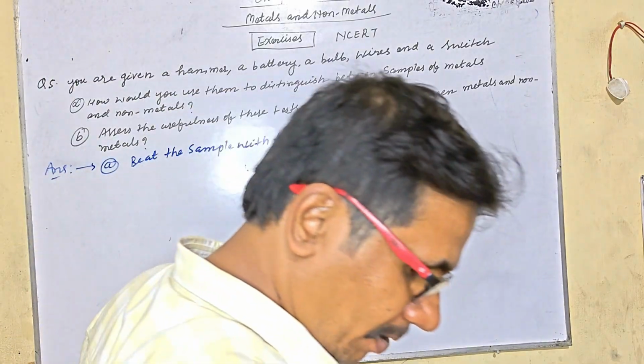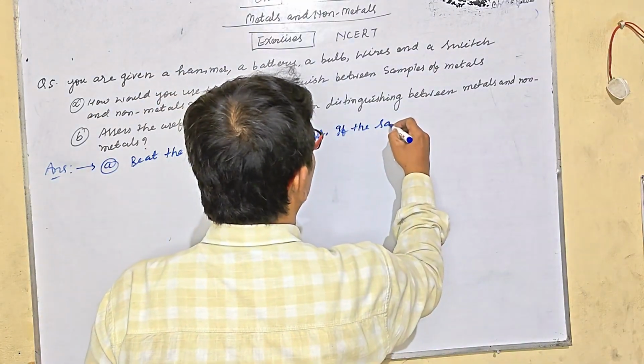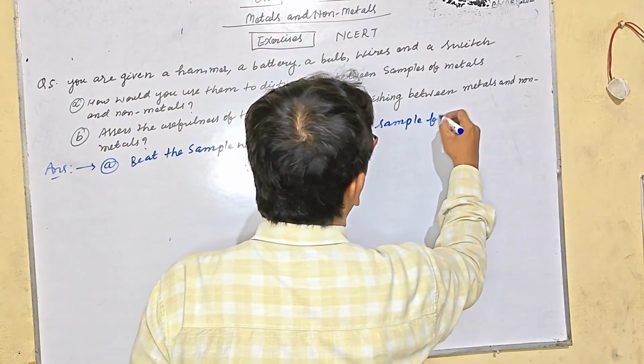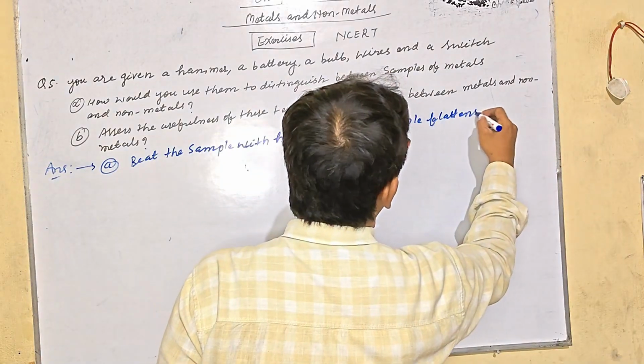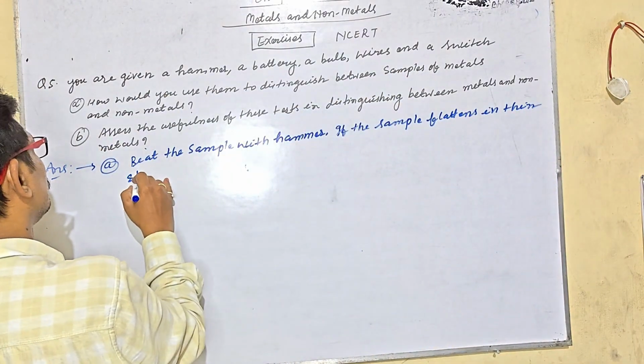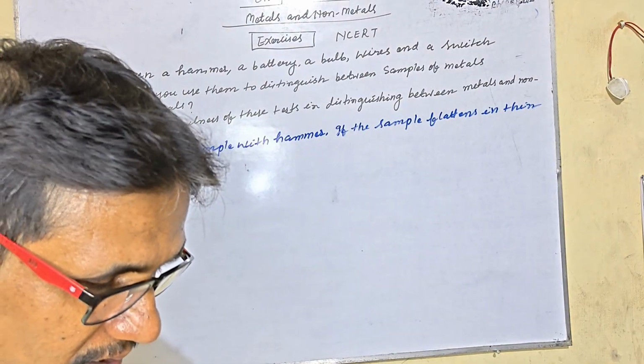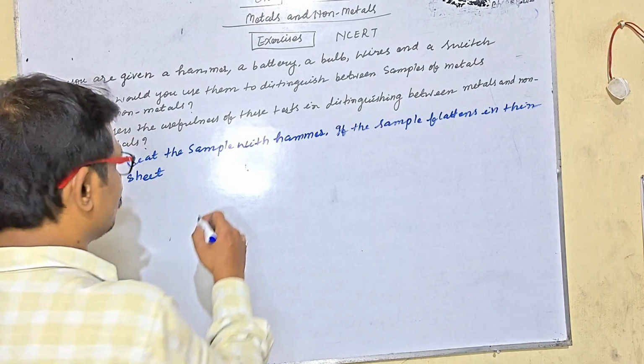If the sample flattens into thin sheets, it is a metal; otherwise it is a non-metal.